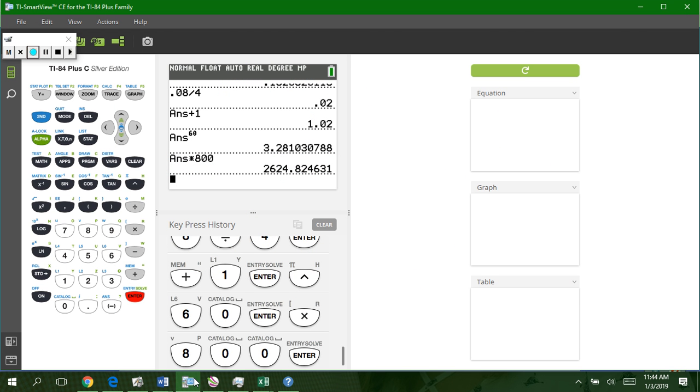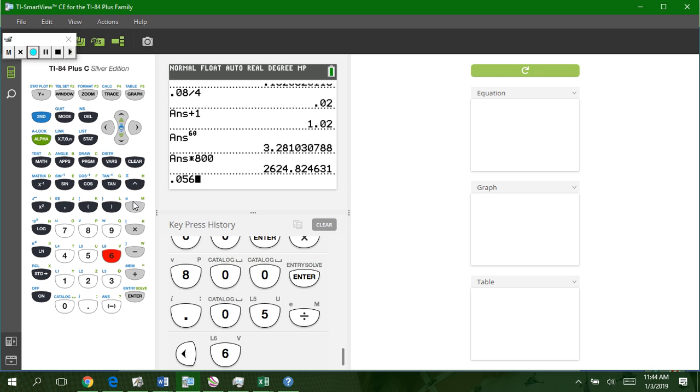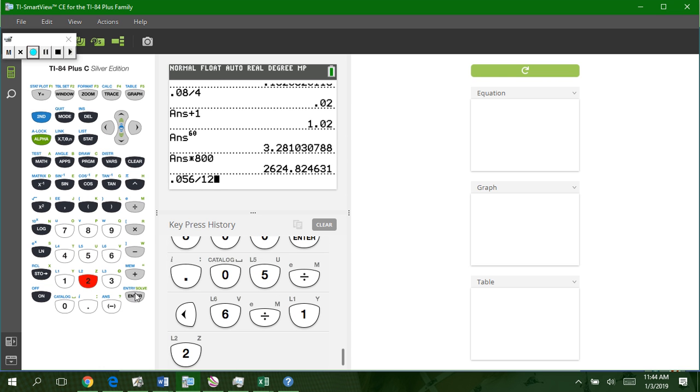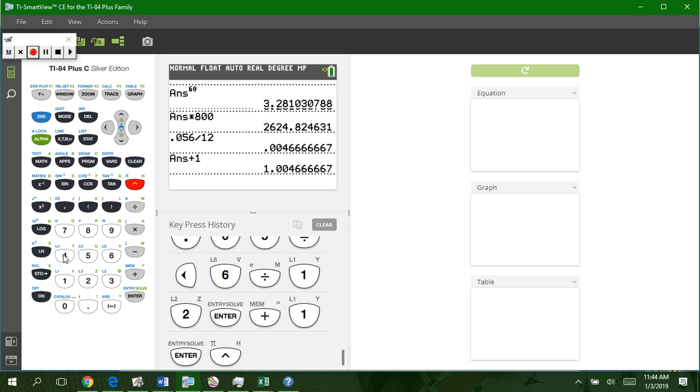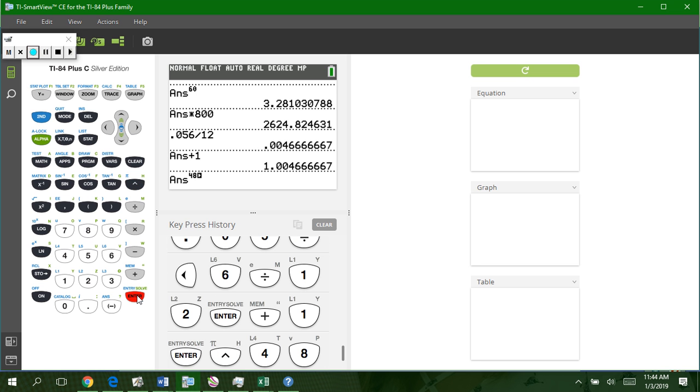I personally would just do order of operations. 0.056 divided by 12. Boom. Then what do I need to do for that? Add 1. I've done the inside of the parentheses. What do I need to do for that? Raise it to the 48. Times it by 4,000.